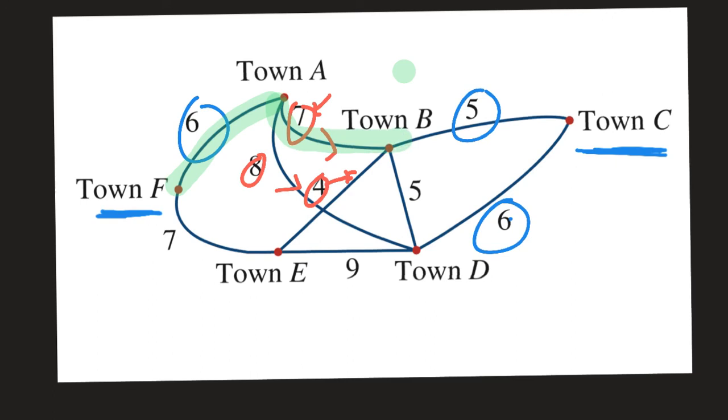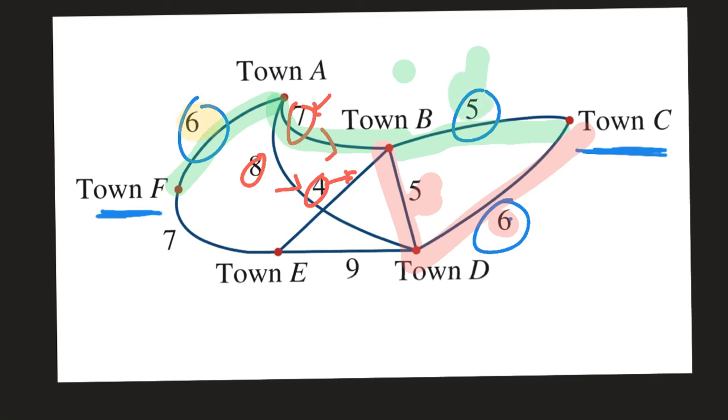I'm still trying to get to town C. So, do I want to go directly like this? Or is this second option a good idea? Well, 5 and 6 make 11, which is way more than 5. So that's probably unlikely. So then I finish off by looking at my distance.